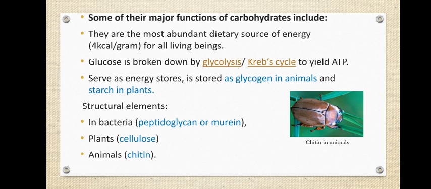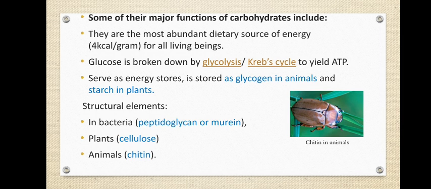It also forms structural elements: murein in bacteria, cellulose in plants, and chitin in animals. The exoskeleton of arthropods is formed of chitin. Chitin is a homopolysaccharide formed of N-acetylglucosamine residues as repeating units. Cellulose is a polysaccharide of glucose.